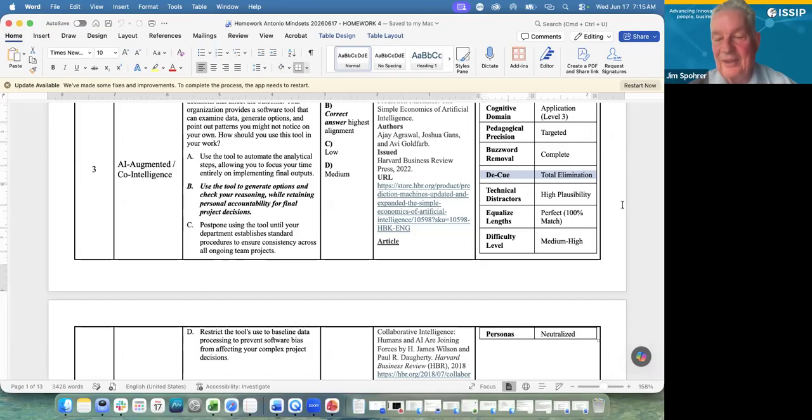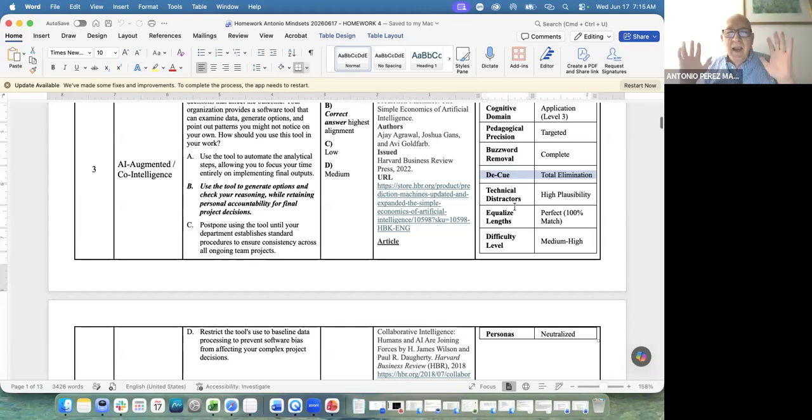And equalized length means identical in width and visual spacing. Why? Because students say that if you have a long answer, probably that's the right answer.